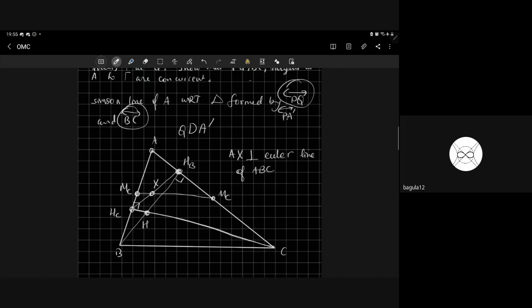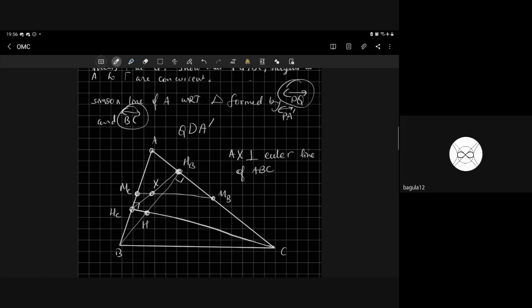Did you get the question? Can you just repeat once again? Yeah, I'll repeat. So X is the intersection of HBHC and MBMC. Sorry, this is MB. Do you understand what the definition of X is?